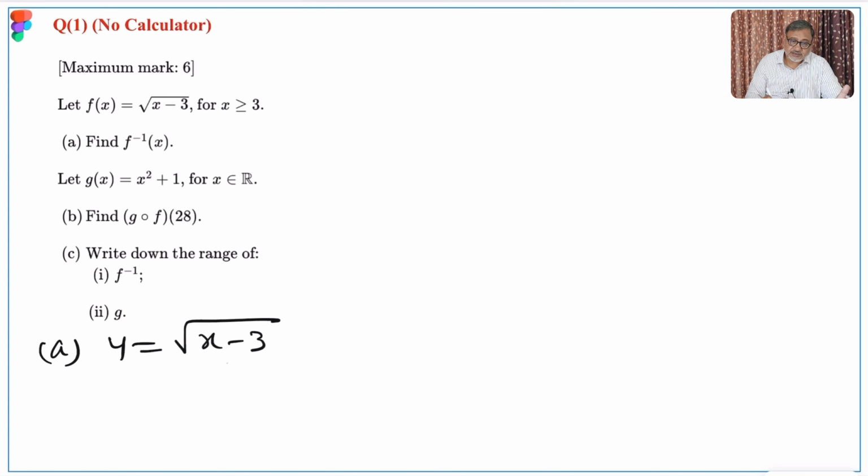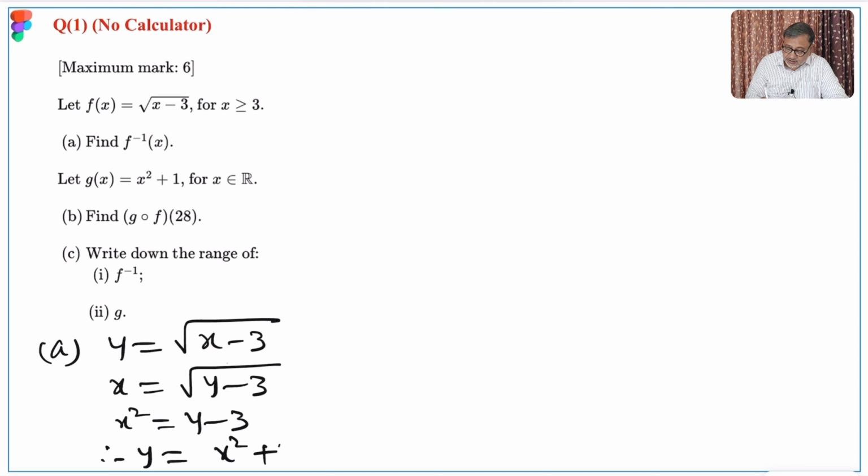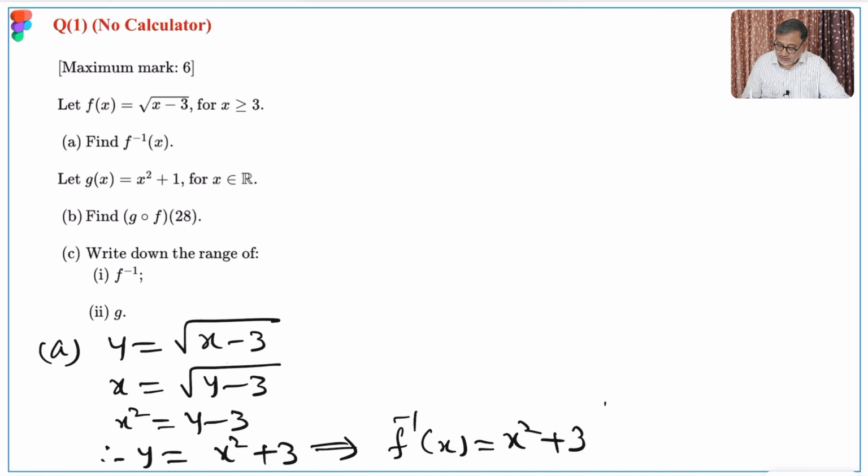We interchange x and y. So x is equal to square root of y minus 3. Then we square both sides. So x square is equal to y minus 3. Therefore y is equal to x square plus 3. And this will be the inverse function. F inverse of x is x square plus 3. Right? This is the inverse function.